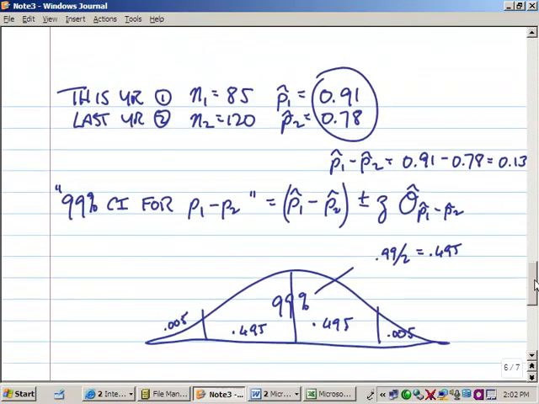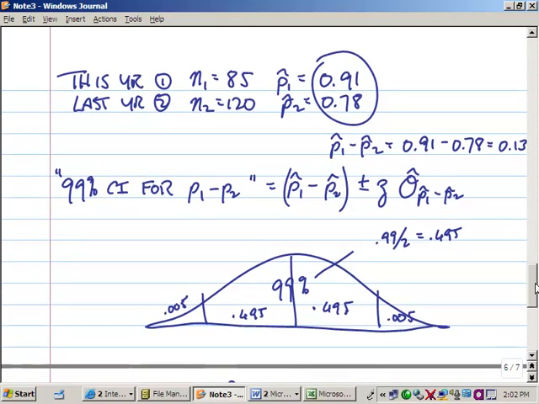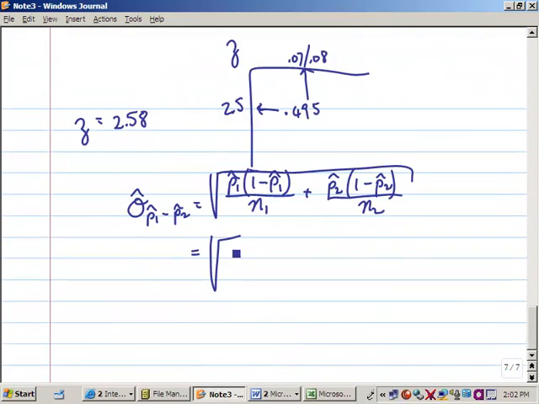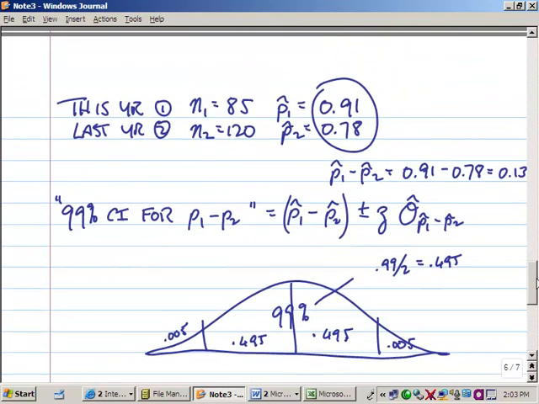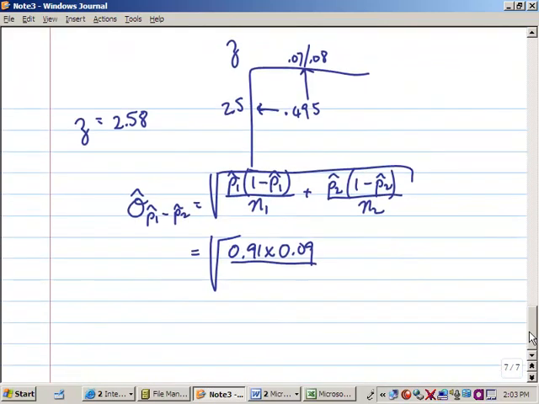Alright, just so that you can see the data, p1 hat is 0.91. Its complement is 0.09 divided by the sample size there of 85 plus p2 hat's 78%, 0.78 times its complement, 0.22 divided by the sample size there of 120.